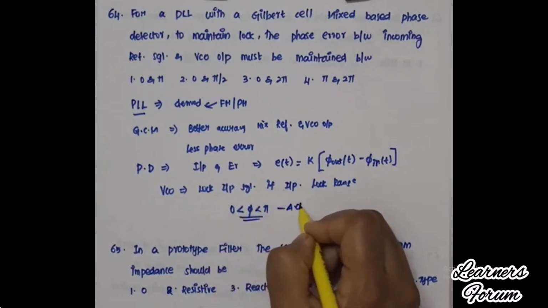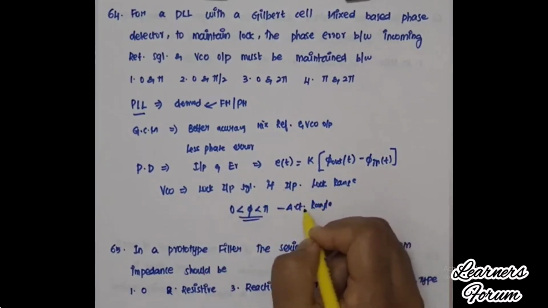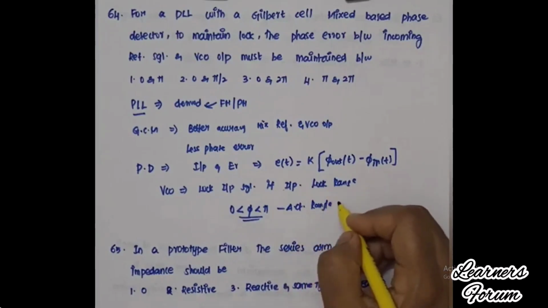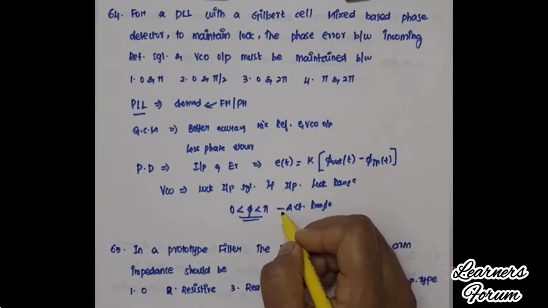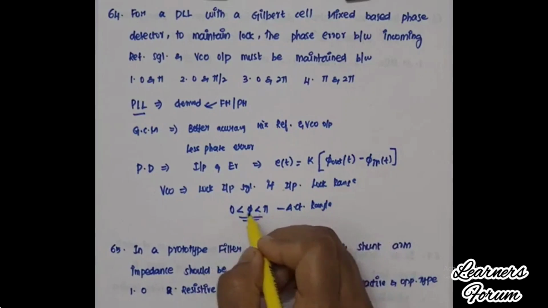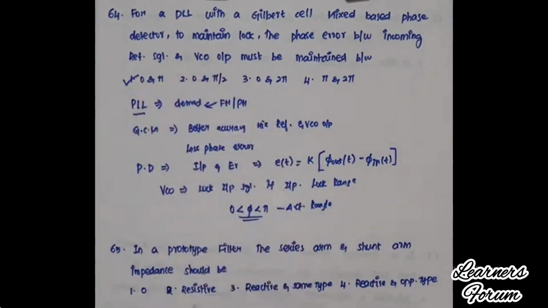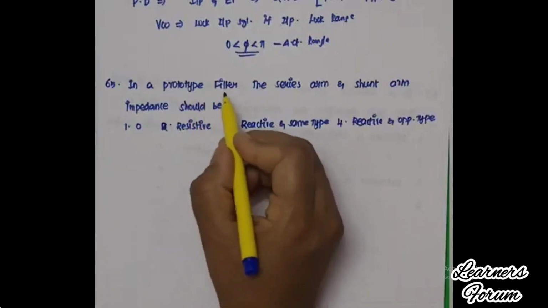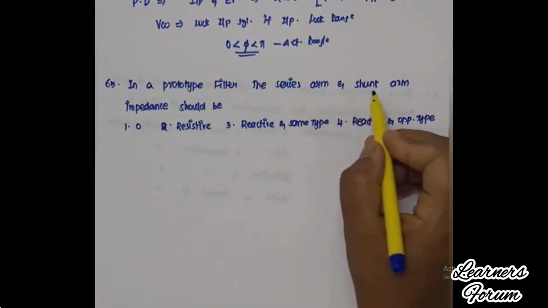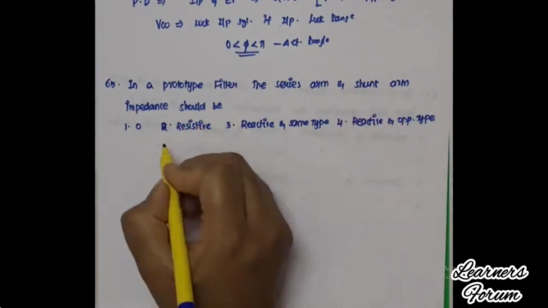So this is the range to maintain, which is also called the active range, because only then the input will be locked using this VCO. So the question is all about the range, which is belonging to option 1, between 0 to pi, is our correct answer.